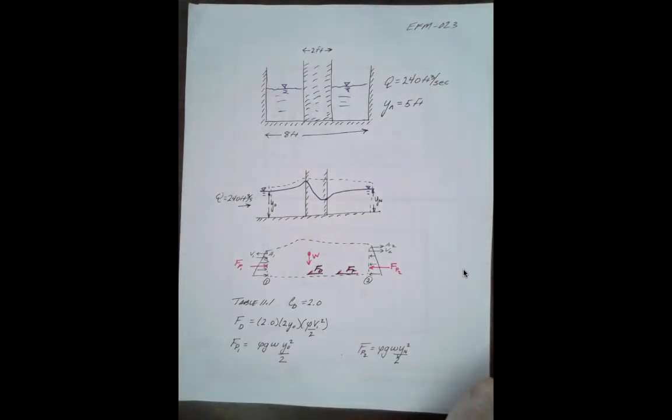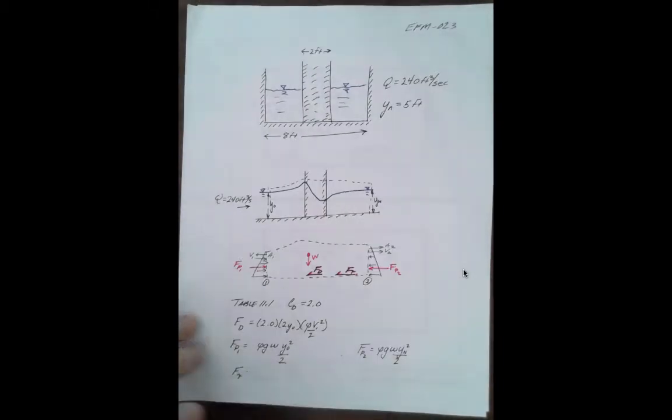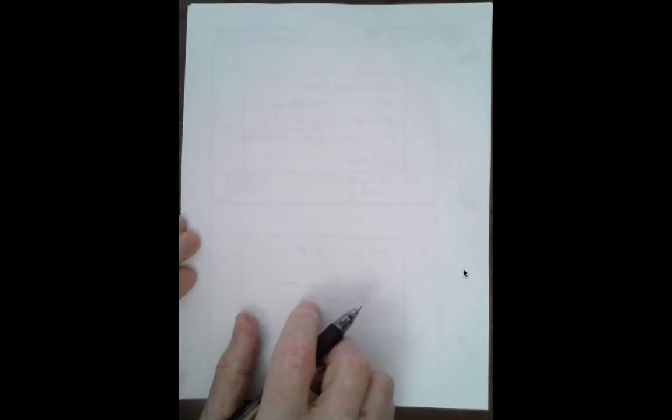Okay, the one remaining force is the frictional shear, and we'll just acknowledge that it exists. We don't have a value for it yet. In fact, we're actually going to assume it away. Let's now recall our momentum balance.